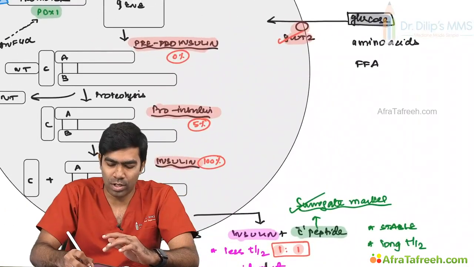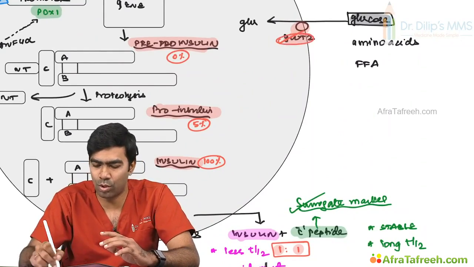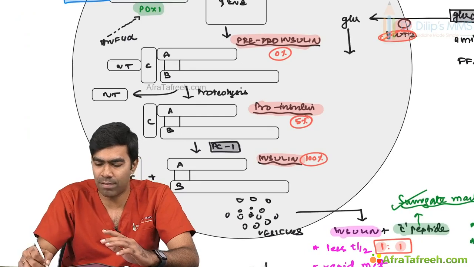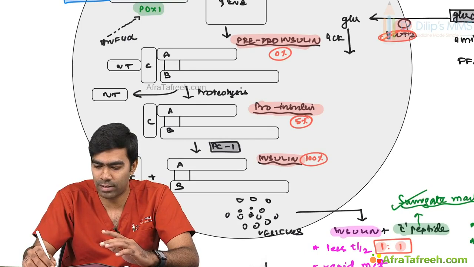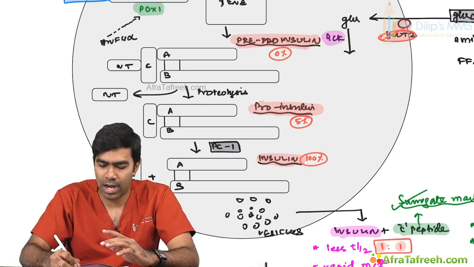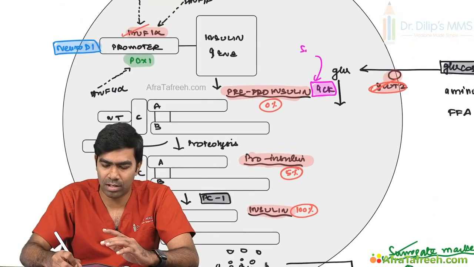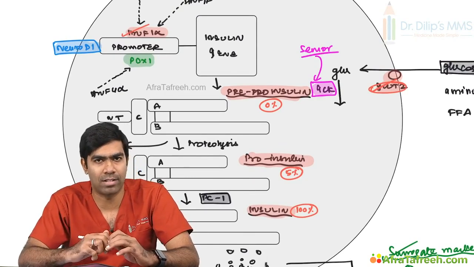Now, once glucose has entered the beta cells of the pancreas, of course through GLUT2 transporters in the beta cells, this glucose will be taken up by a very, very specialized enzyme called glucokinase. And this is going to serve as a sensor for glucose levels that are entering the beta cells.